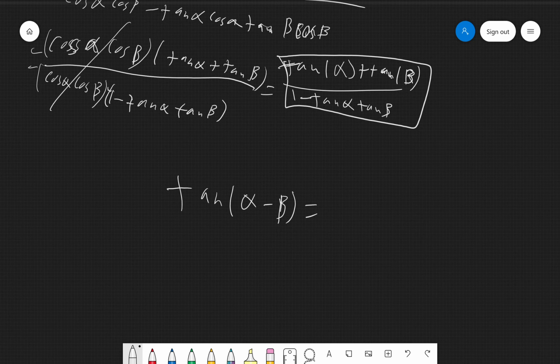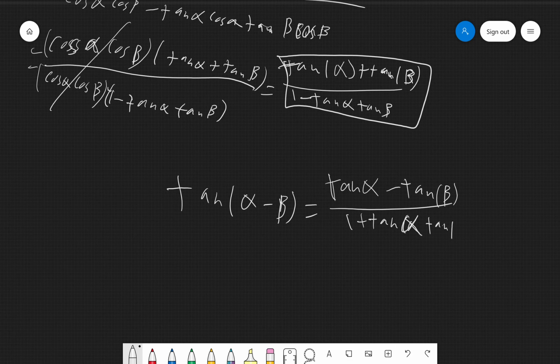Tangent of negative beta is negative tangent of beta, so we get tangent of alpha minus tangent of beta over, and in the denominator tangent of negative beta becomes negative tangent of beta, so the negative goes out, they cancel, and become plus tangent of alpha times the tangent of beta. So just flip the signs when you get this.